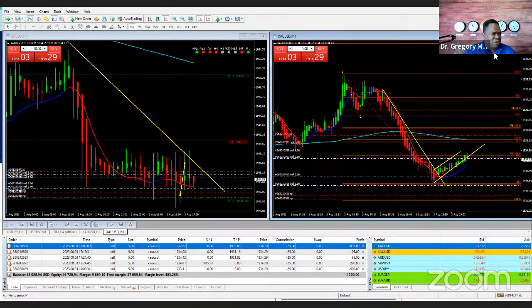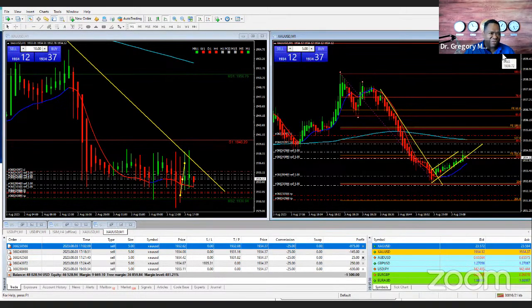The 1 hour chart's neutral, the 30 minute is neutral, and the 15 minute is neutral too. However, the 5 minute is bearish. The 1 minute is bullish. So this symbolizes this retrace, right? We're waiting for this to come back in line with these others.